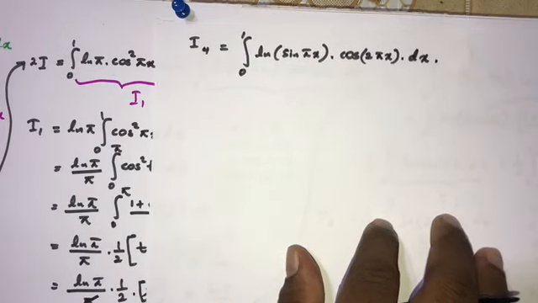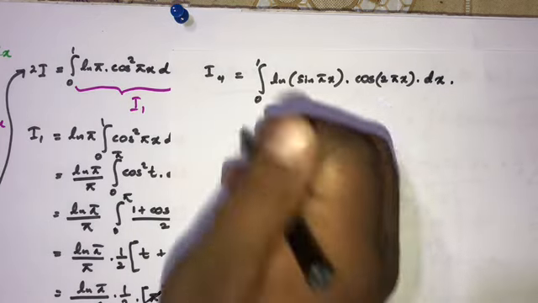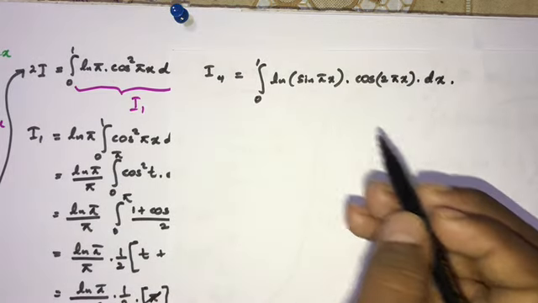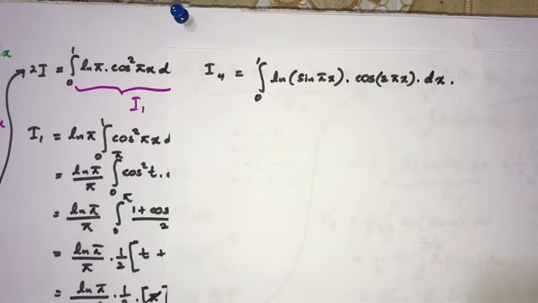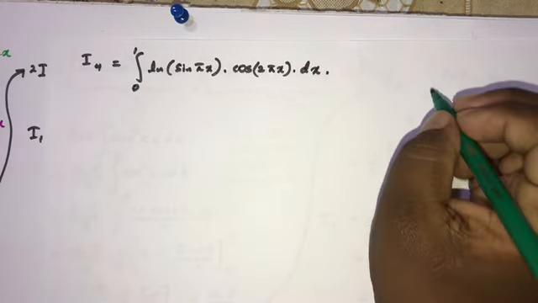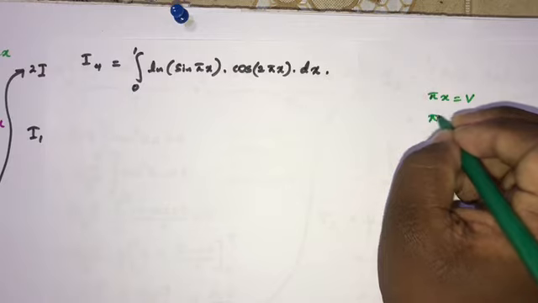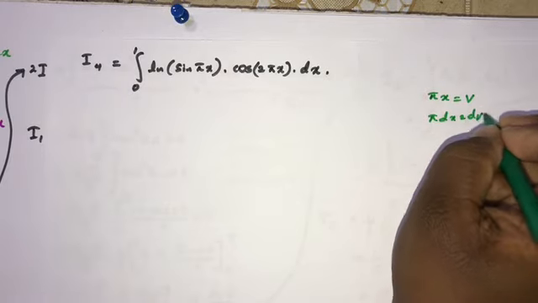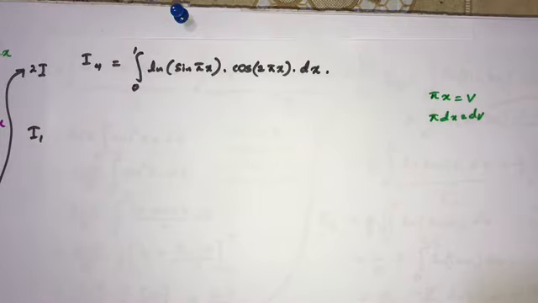Okay, then we can use again the substitution method. So we can take πx is equal to v, so π dx is equal to dv, and the limit also 0 to π.